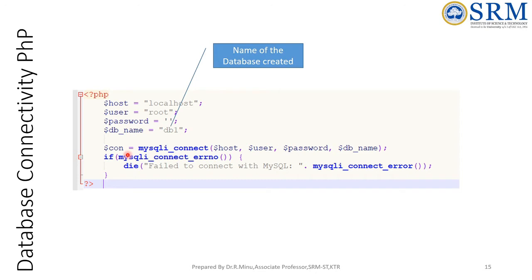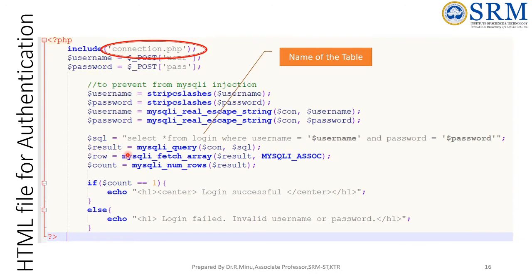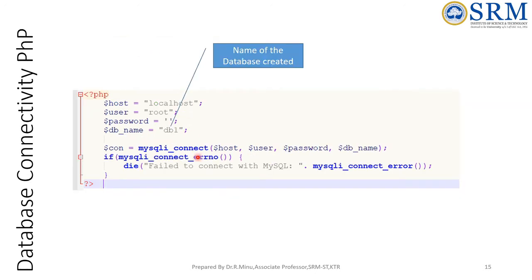This is the authentication.php, but before running it, I include another PHP file called connection.php. That is a very important file where I connect my database to that particular code. The name I used for this demo is db1. Maybe I will use another name also, db2, because I need to show you another database.